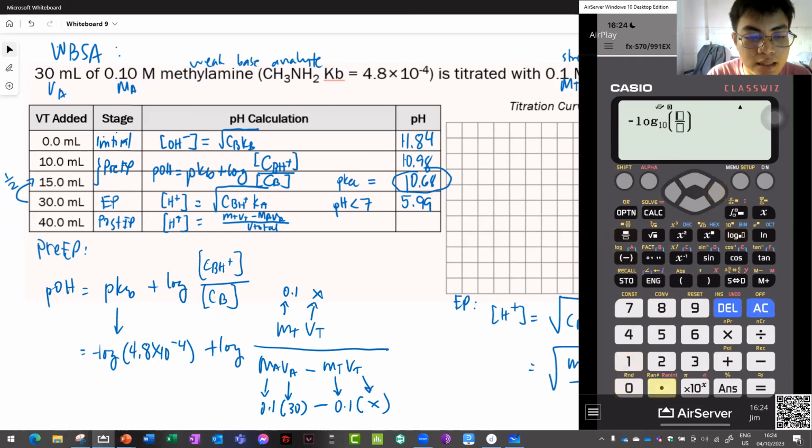So, molarity titrant, volume titrant is 40 minus molarity analyte, volume analyte, over the V total. So you have 40 titrant, 30 analyte. Total is 1.85.